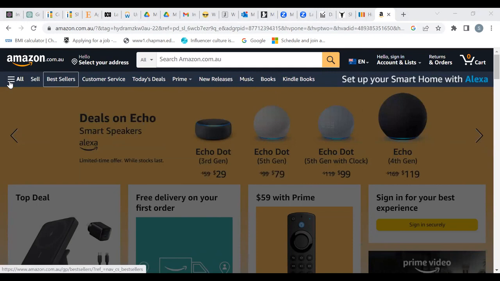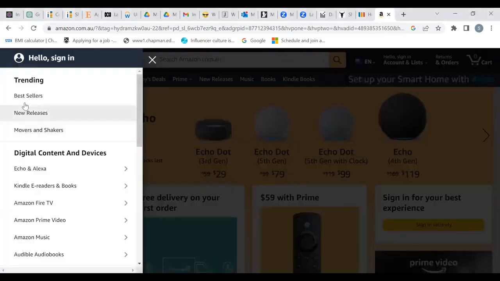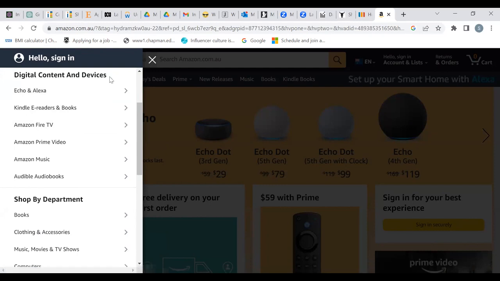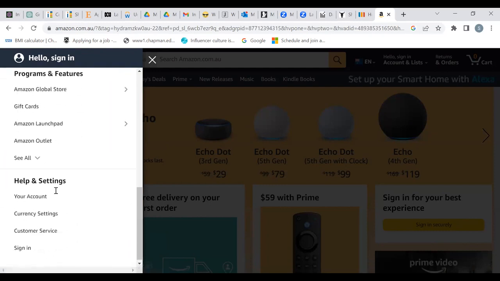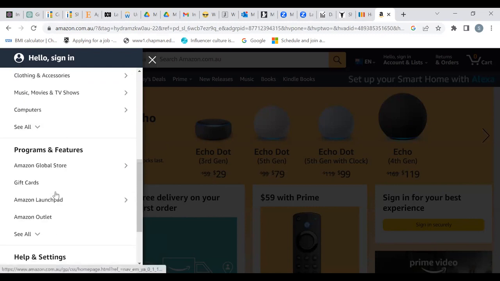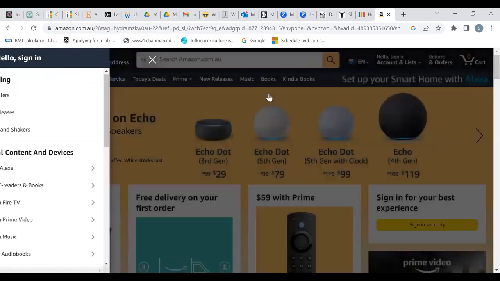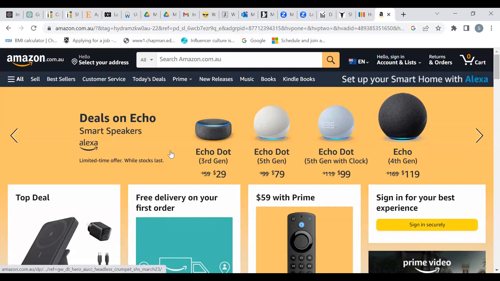But Amazon also has a menu on the side over here which says all. So if what you're searching for is not here, just simply go click there. It will show you the trending items, and then it'll show you all the categories with the subdivisions in them. So Amazon has one of the best organized menu items websites, e-commerce websites.